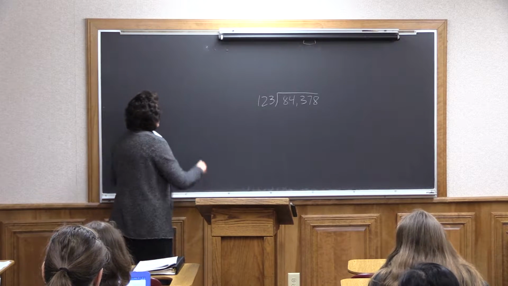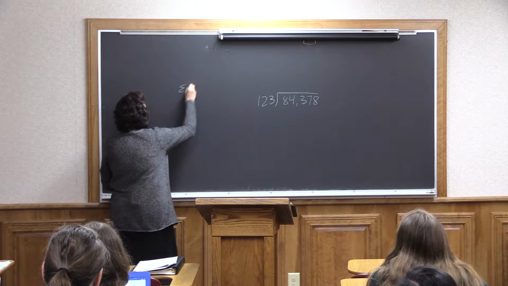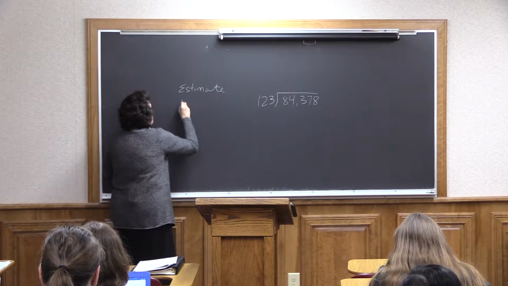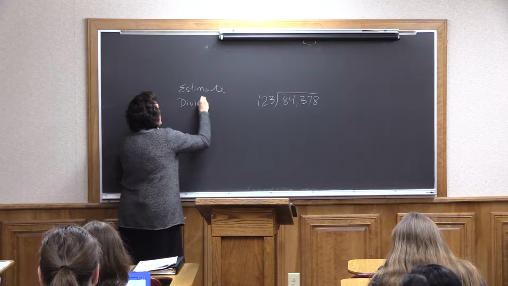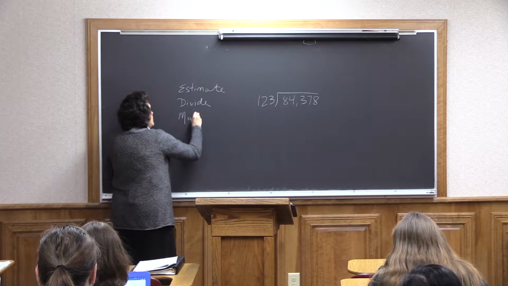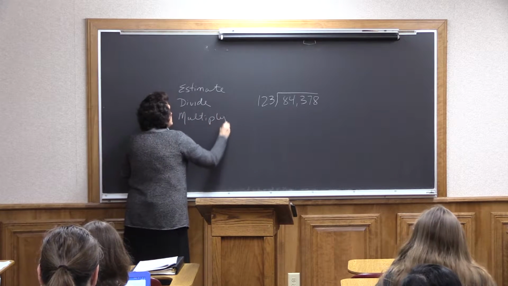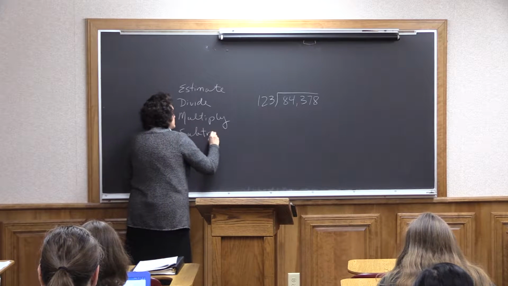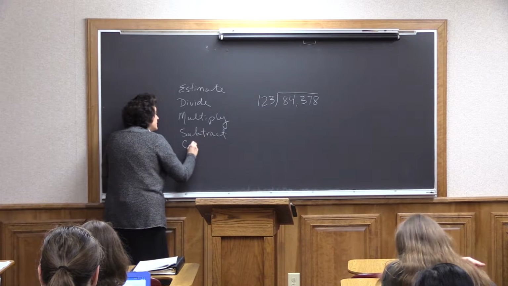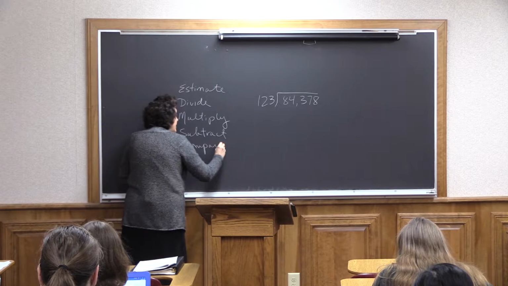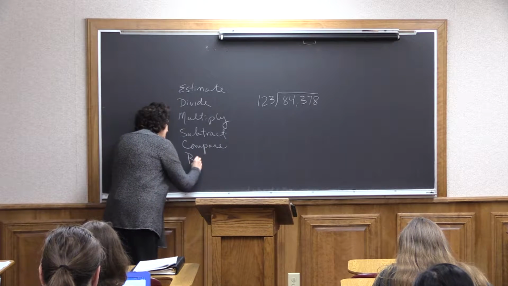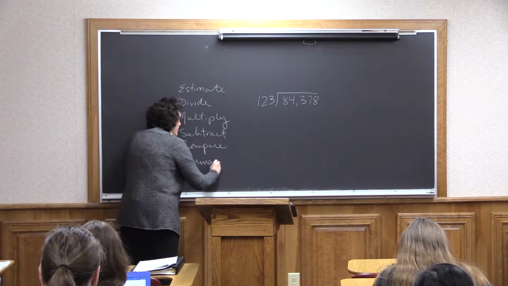If you've heard our academy students, they do these steps. Here's the steps in the procedure. Estimate, divide, multiply, subtract, compare, because your remainder cannot be bigger than your divisor, and then you bring down the next digit and start all over.